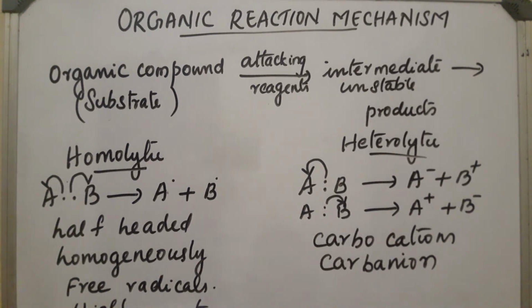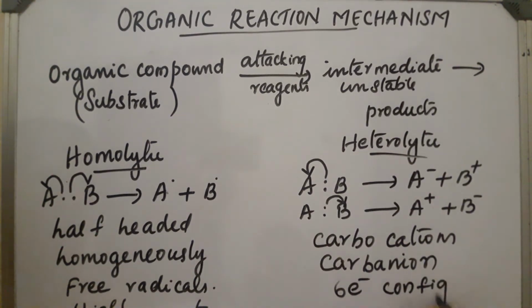In the case of homolytic cleavage, free radicals are obtained. In heterolytic cleavage, one of the atoms has a 6 electron configuration and the other has an 8 electron configuration. One is electron deficient and one is electron rich. These are the two types of cleavage that take place.